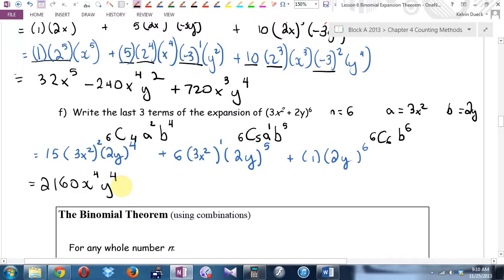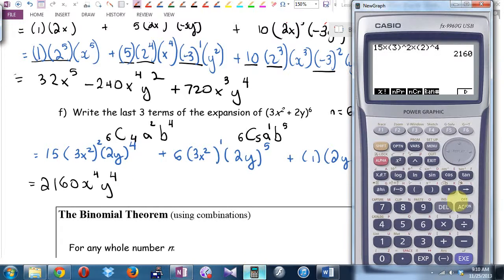Let's see if we can do the same thing for the middle term, again in one less line. In my coefficient, what's the first number that makes it up? You see it in the middle term there? Times 3 to the... I could probably ignore that, but I'll write it just to show that we did take it into account. Times 2 to the fifth.